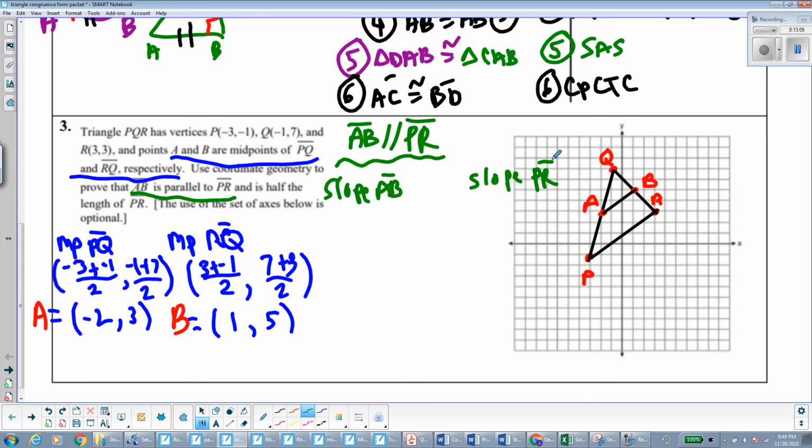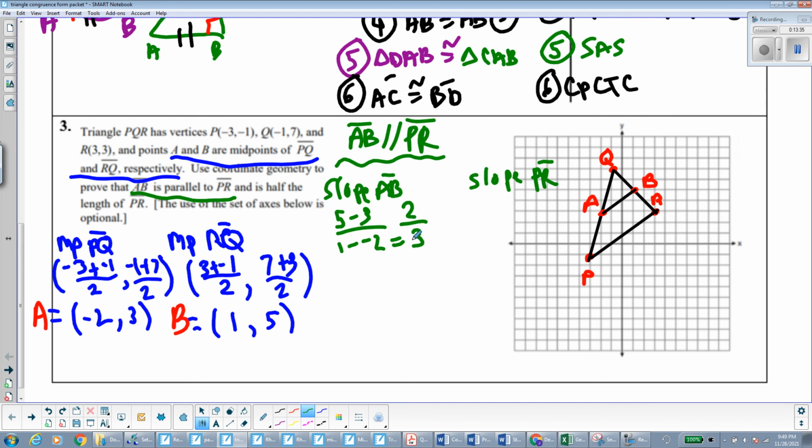So remember that in order to find slope, we subtract the y values, divide by, subtract the x values. So the y values for points A and B are 5 and 3, and the x values are 1 and -2.